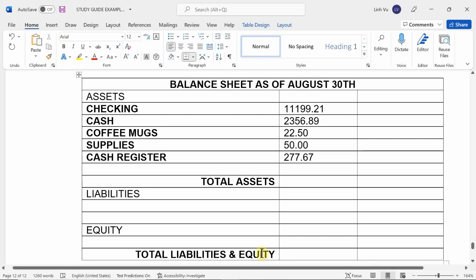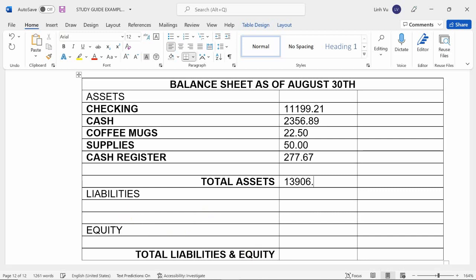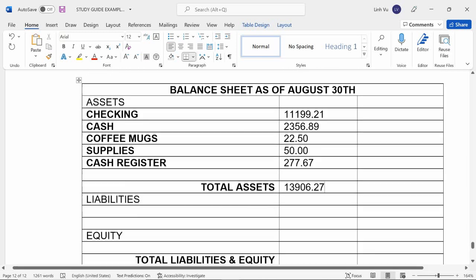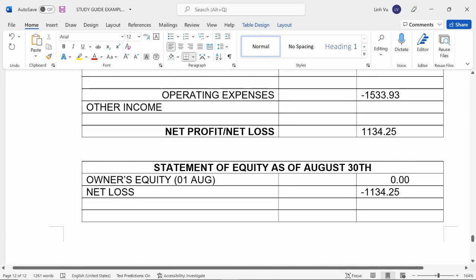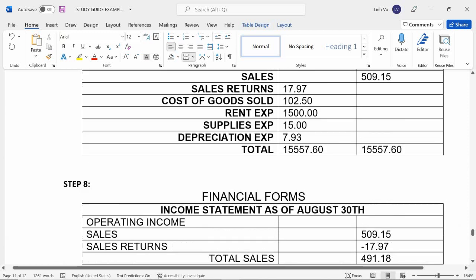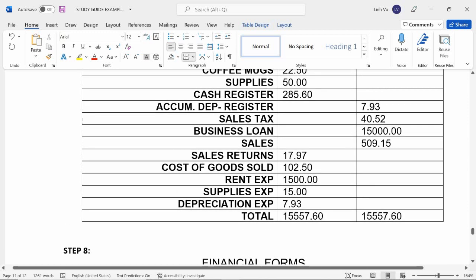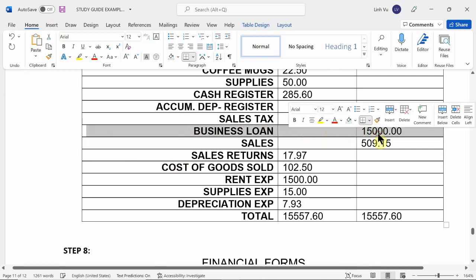Okay, so in this case, I got a grand total assets of $13,906.27. My liabilities, I believe I only have a business loan. Yep, just the business loan for that $15,000.